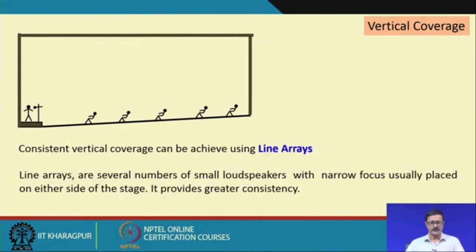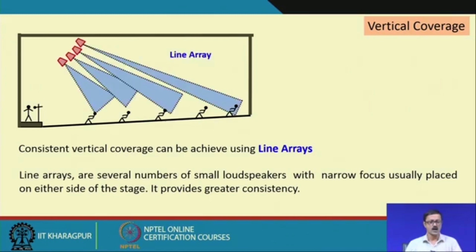Sometimes, to provide consistency in a larger auditorium, when the auditorium is very large, rows of speakers are provided, the line array is provided like that. So it is not just a particular clustering system.